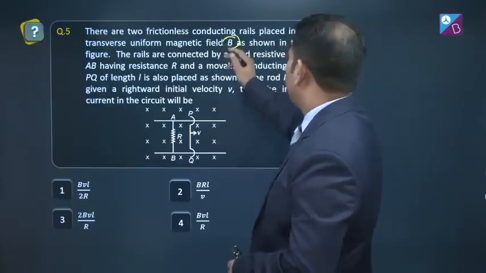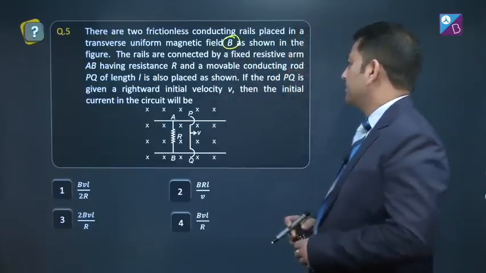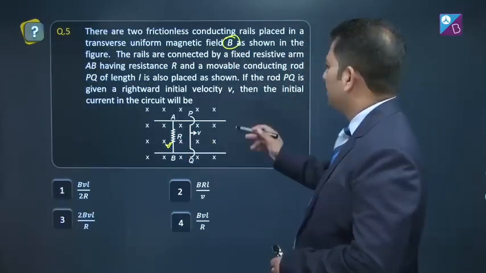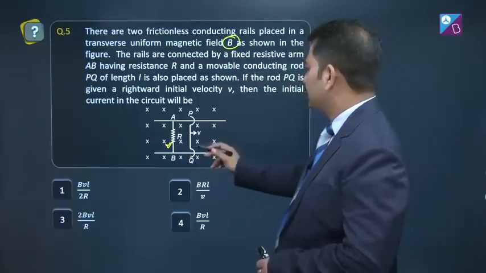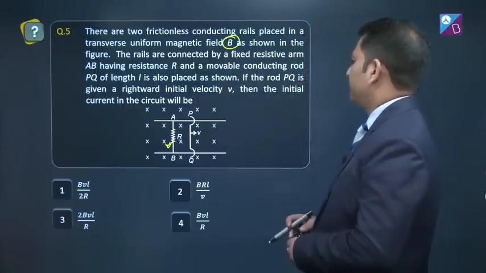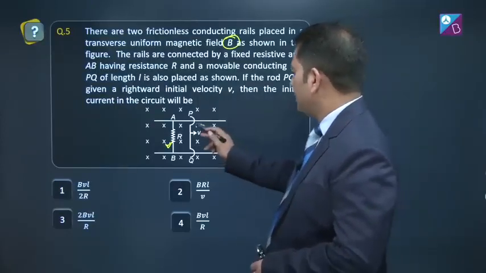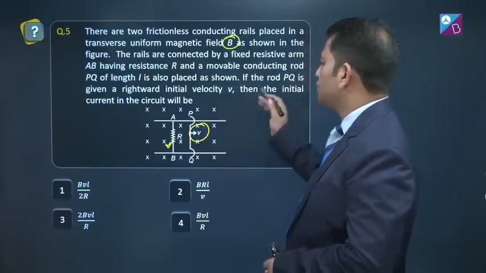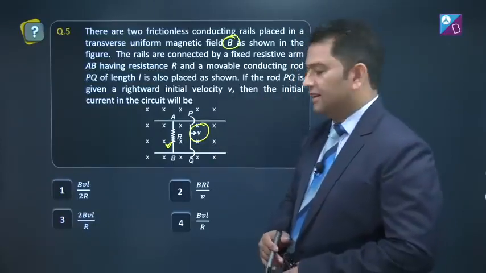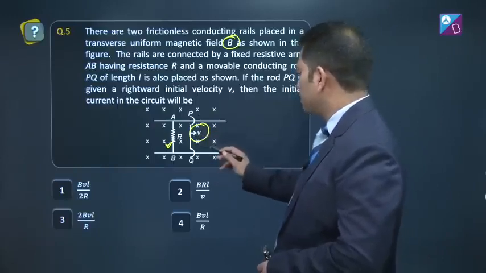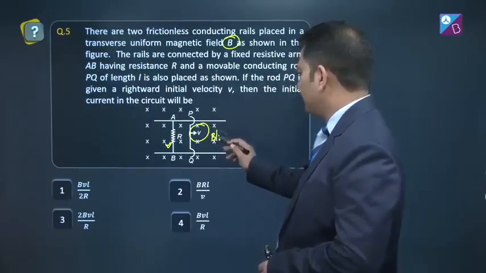All right, question number 5. There are two frictionless conducting rails placed in transverse uniform magnetic field और rails are connected by fixed resistive arm, इसका resistance R है और बाकी parameters given है, length is L, the speed is V. If the rod PQ is given a rightward initial velocity, the initial current in this circuit. देखो motional EMF के तहत यहाँ पर एक motional EMF develop होगा BLV.